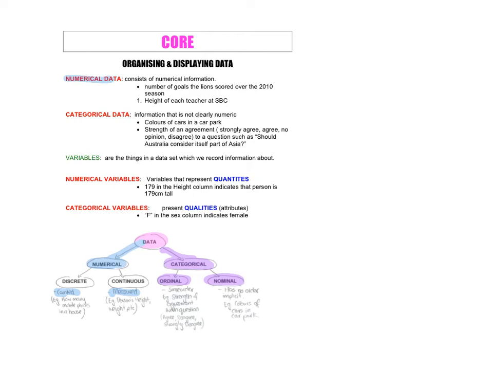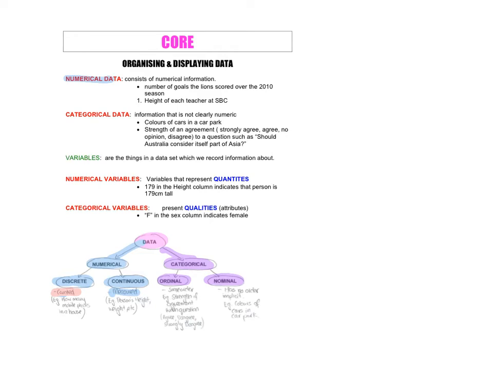For example, if I ask what the colours of cars are, there's no order in it. Or male or female: it's categorical, but there's no order in it. So that's ordinal and nominal. Now, the two numericals are discrete and continuous. Probably the biggest way to distinguish is that if you count it, it's discrete.